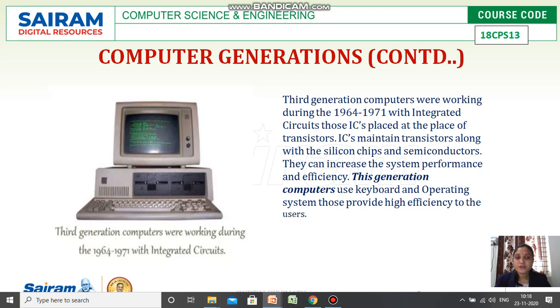They increase the system performance and efficiency, reduce the space required, and improve the speed. So for all this purpose, third generation computers were developed, mainly making use of silicon chips and semiconductor cells. These computers made use of the keyboard and operating system to provide high efficiency to the users. They were the improved versions of the second generation computers. So this is about the third generation computers.